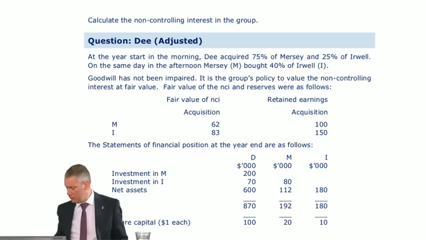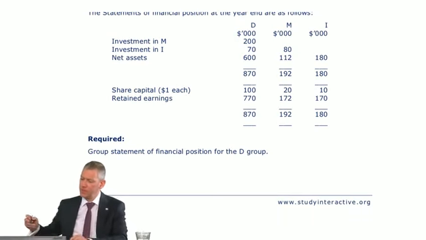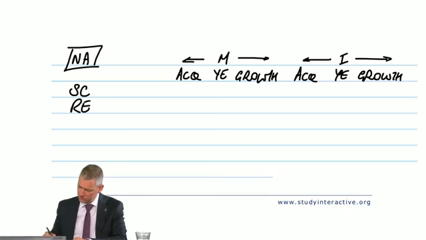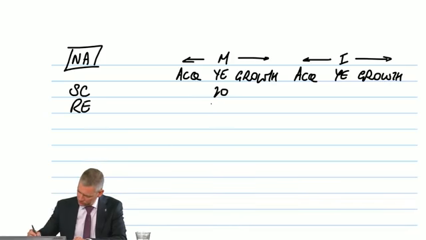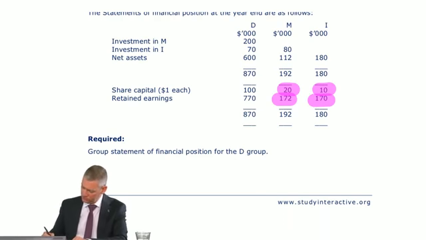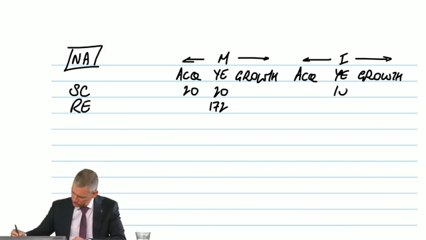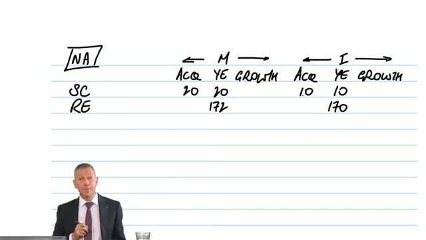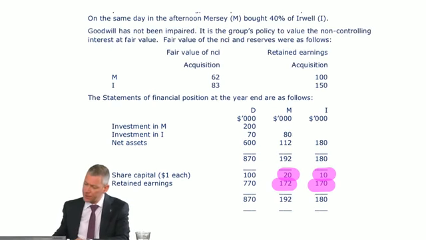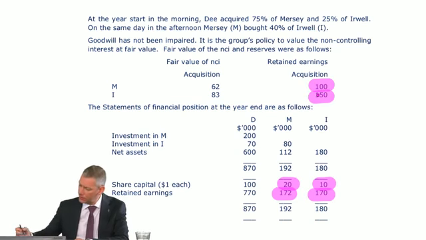First of all, let's get that relevant information from the balance sheet. I've copied across the share capital because the share capital freezes at acquisition. But now I need the retained earnings. There they are, 100 and 150.